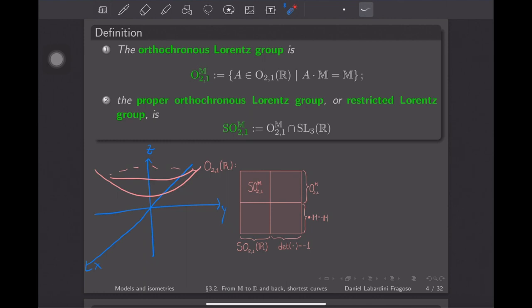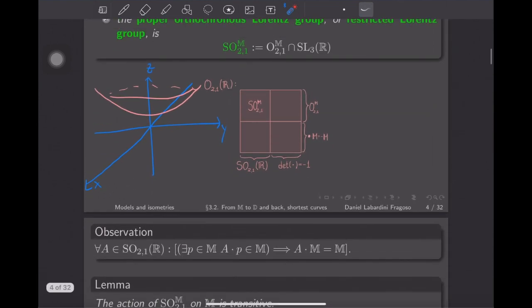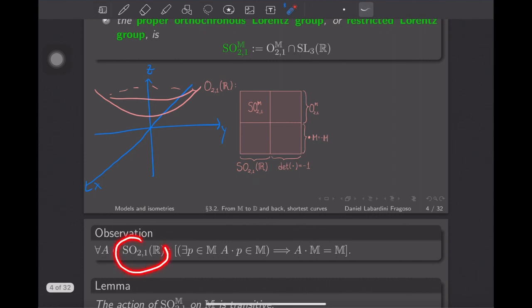Just to keep that in mind in order not to get confused. So when I speak here about the proper Lorentz group, this is the matrices that preserve Minkowski's form and have determinant 1, but may or may not preserve the upper sheet.